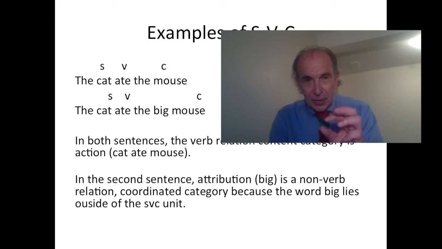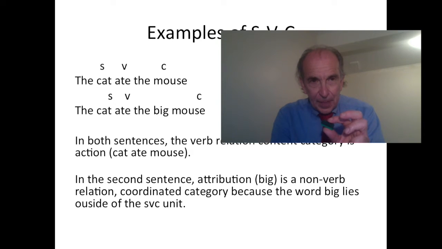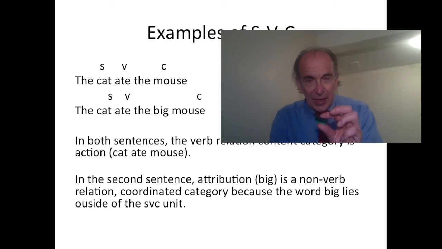Okay? So SVC. Now here on this slide that I'm speaking over, you see that I have marked SVC in the two sentences. The first sentence is, the cat ate the mouse. And the SVC is cat ate mouse.